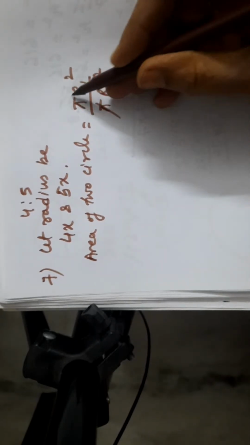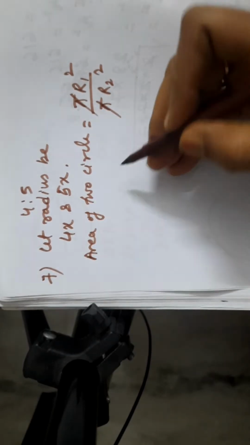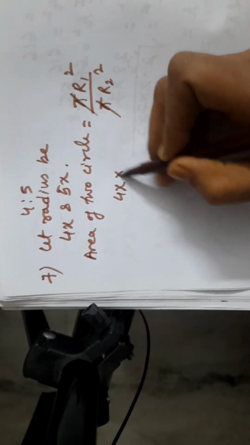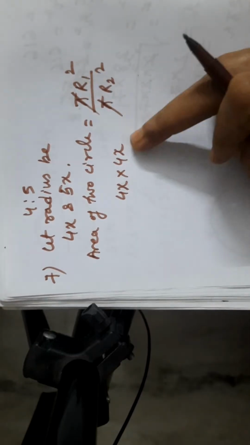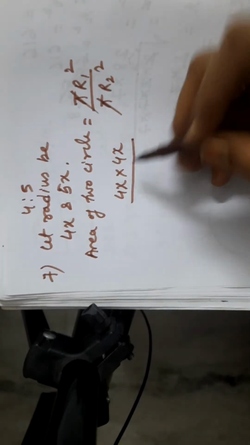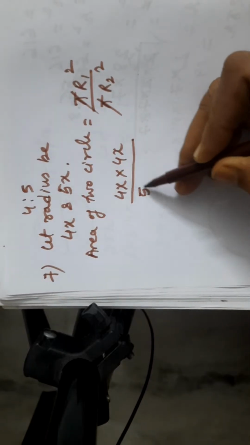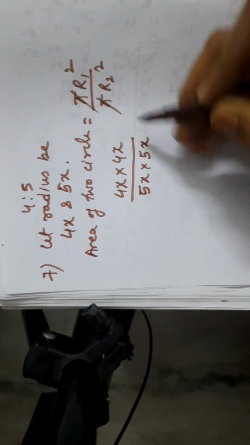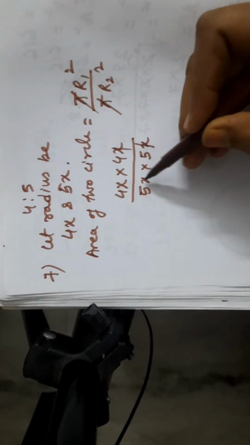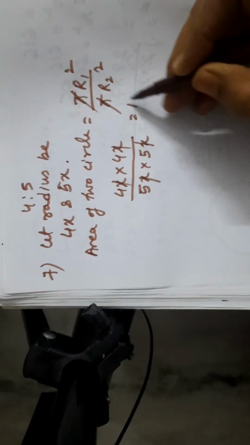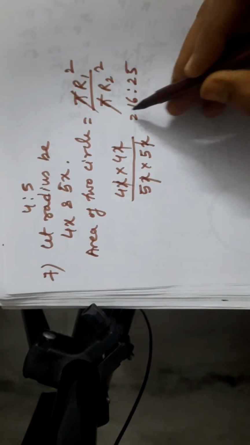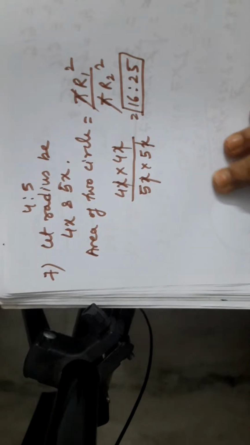For the second one, pi r2 square. So we put the general formula. Pi will get cancelled. First radius is 4x multiplied by 4x, since square is there, we write it twice. In the same way, second one, 5x multiplied by 5x. Now all the x will get cancelled. 4 4s are 16. 5 5s are 25. So the ratio of their areas is 16:25.